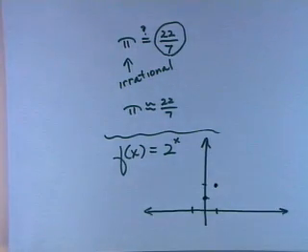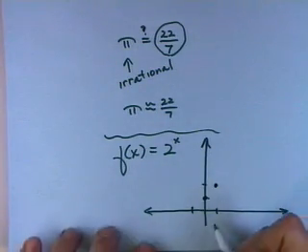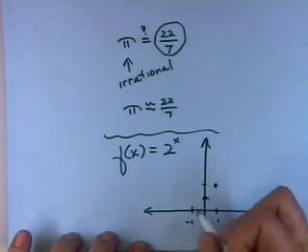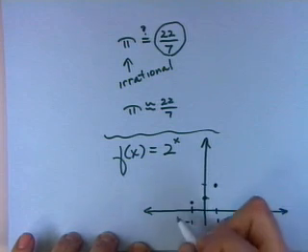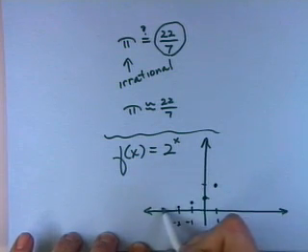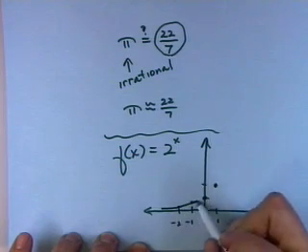What's 2 to the negative 1? 1/2. 2 to the negative 2, 1/4, and so on, right? So we're kind of asymptotic to the axis there.